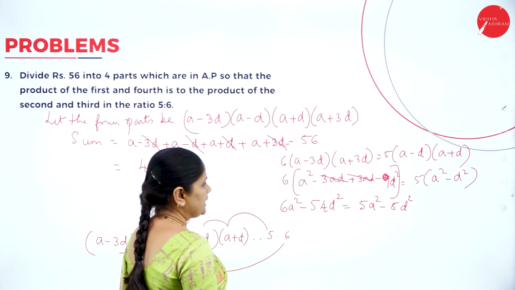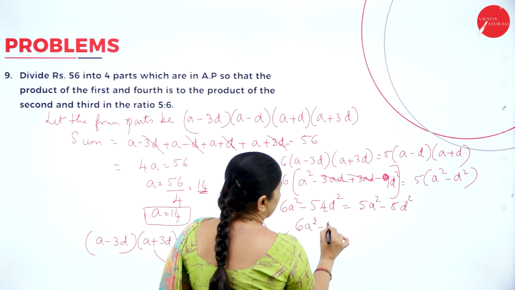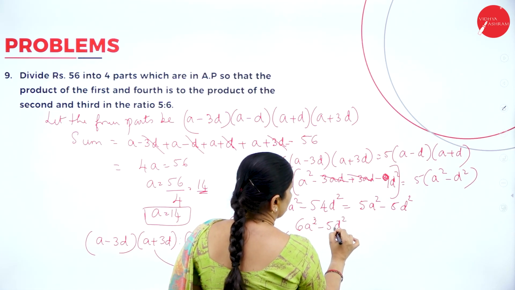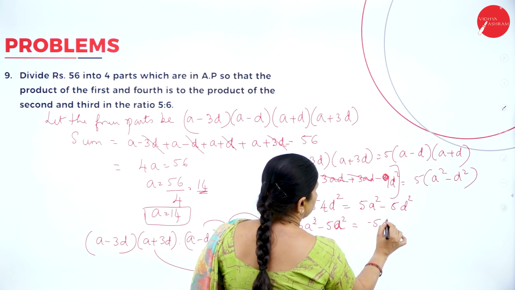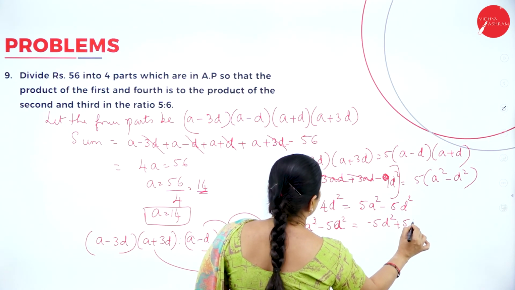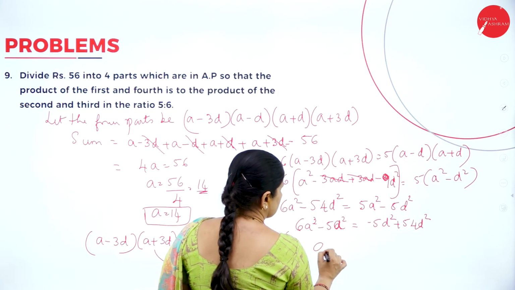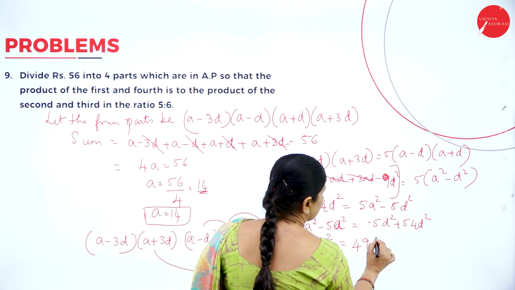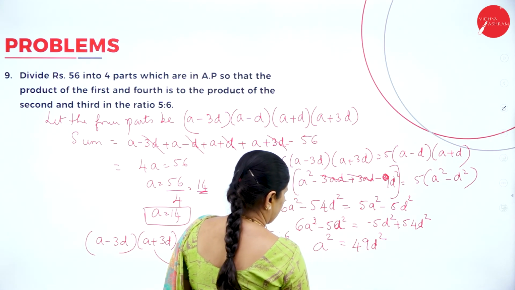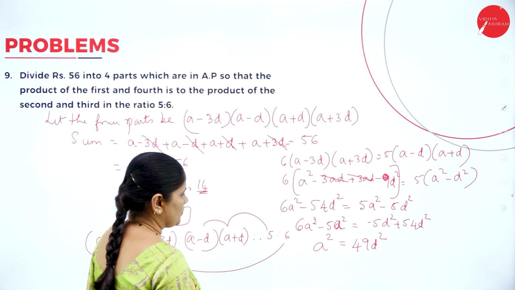Now, I bring this 5A square here: 6A square minus 5A square equals minus 5D square plus 54D square. 6 minus 5 is A square equals 49D square. Okay, so A square equals 49D square.